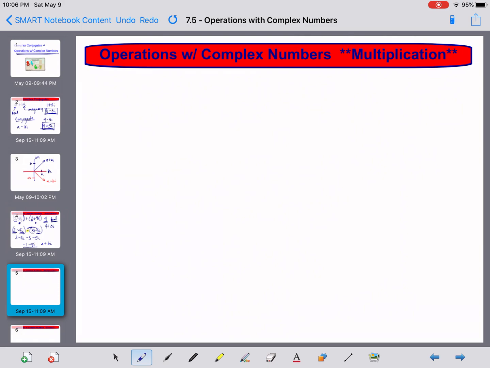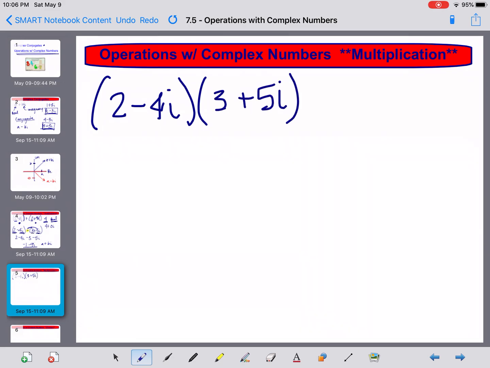Okay, multiplication. So now let's use the same piece here. So 2 minus 4i. And now instead of adding, let's multiply 3 plus 5i here. Okay, well actually before we start that, let's hold on that one.